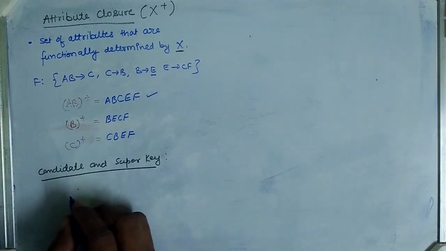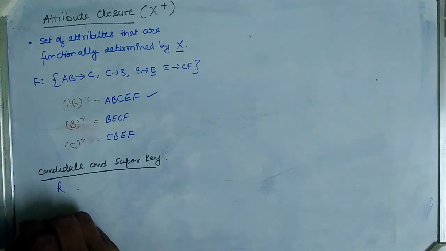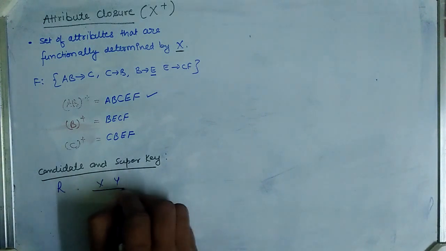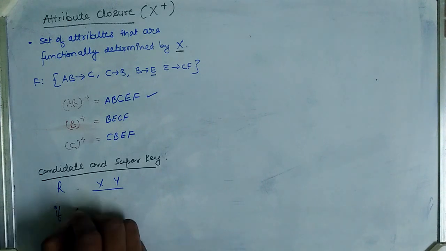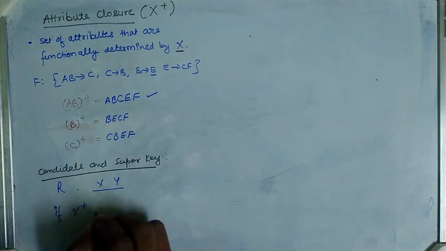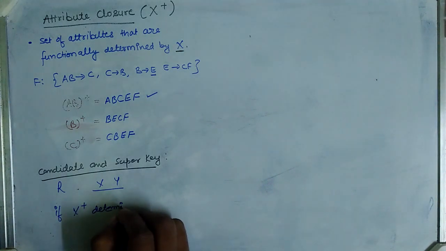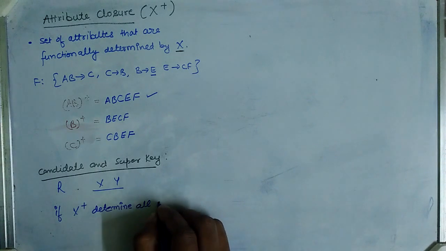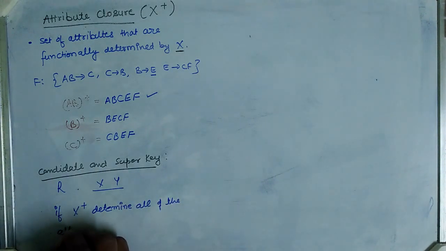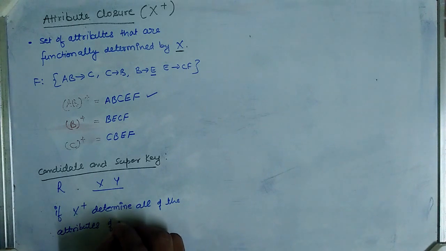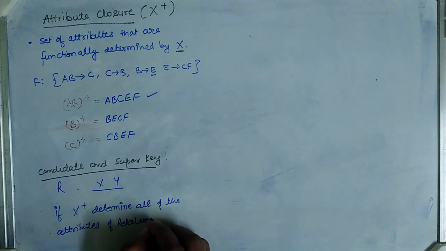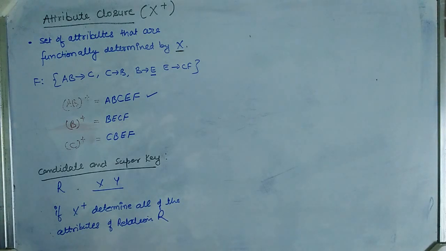The definition says that for a given relation R where X and Y are non-empty sets of attributes, if X closure determines all of the attributes of relation R, then X is a candidate key or super key.